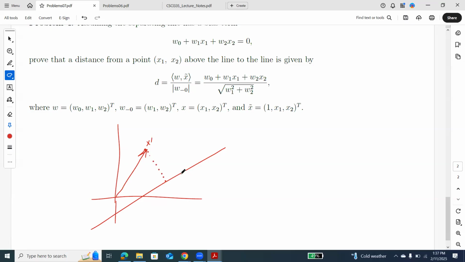But now this separator has a bias term. So it's now W0 plus W1 x1 plus W2 x2 equals 0. So our standard linear function.